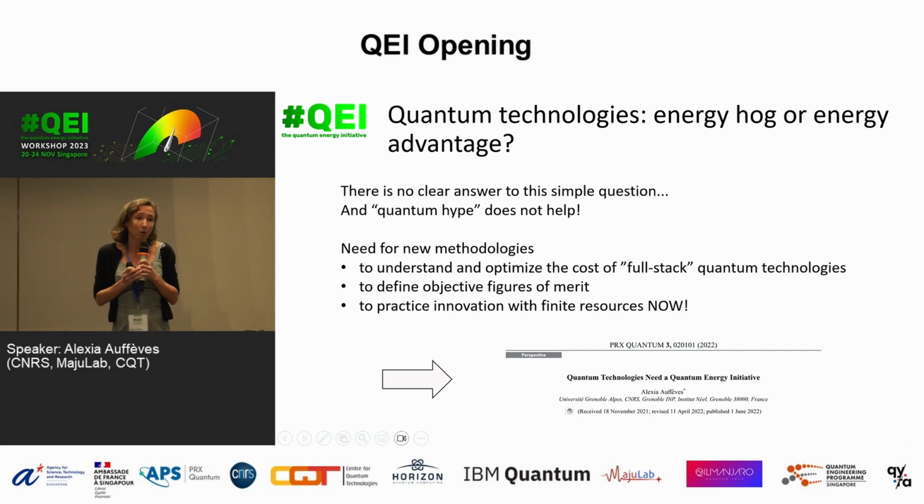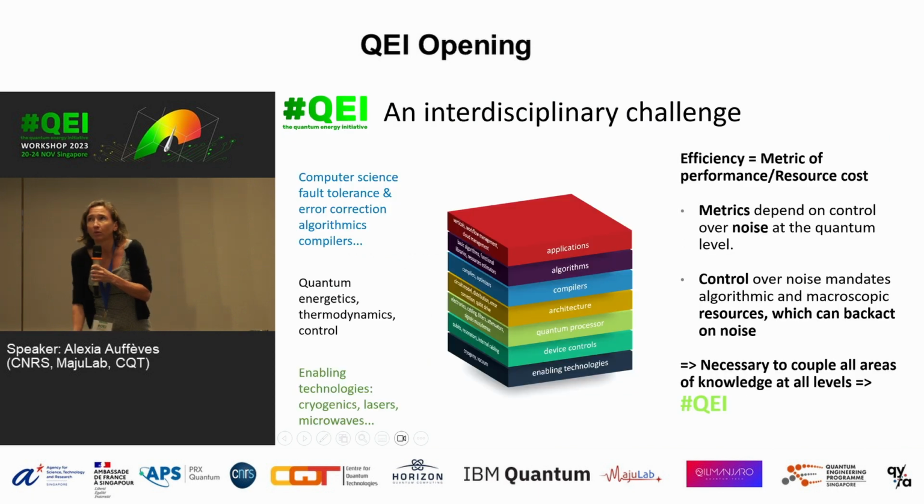We need to define objective figures of merit of energetic efficiency. And we need also to develop a way to practice innovation, taking into account the fact that we have finite resources at our disposal. So, and that'll be my last slide before I give the mic to Rob.